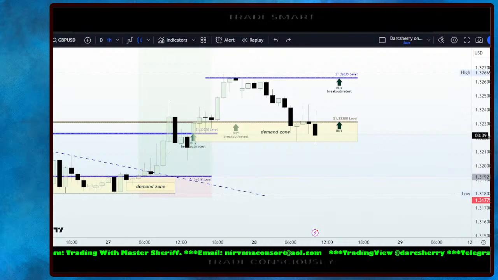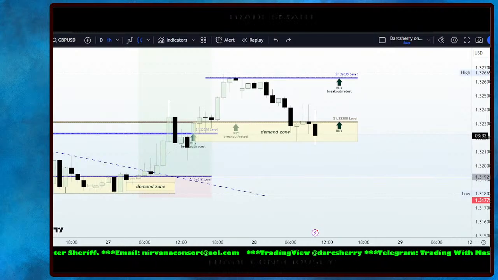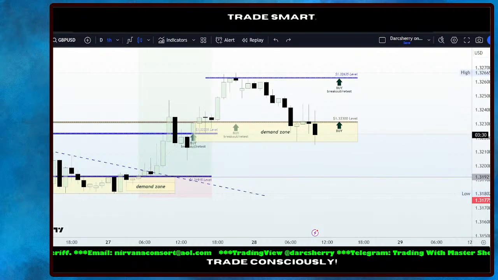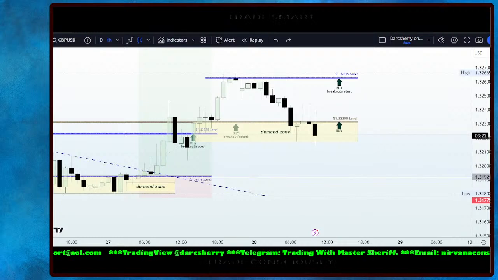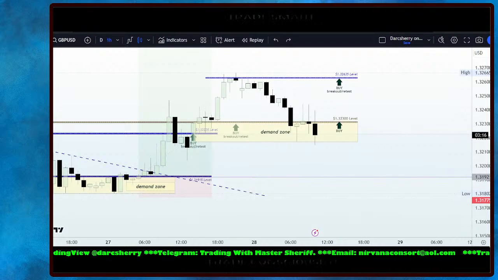The retail sales data came in higher than market had expected. The GDP data came in higher than market had expected as well. And I think we had another macroeconomic data which also came in. I can't remember what that one is. I think it's a labor-oriented data, I guess. And that one also came in higher than market had expected, giving us signs of a resilient UK economy. So I still think the path of least resistance remains bullish for the British pound.